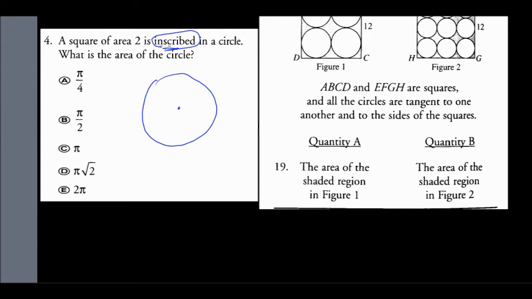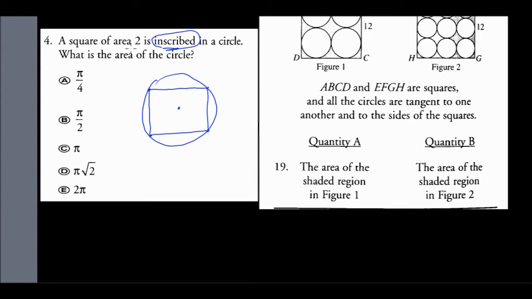Inscribe means that you're putting a square inside the circle, but it's a special square inside a circle. It's such that the vertices of the square lie on the circle, on the edge of the circle. So see, this vertex, the third vertex, the fourth vertex, they lie all on the edge of the circle.